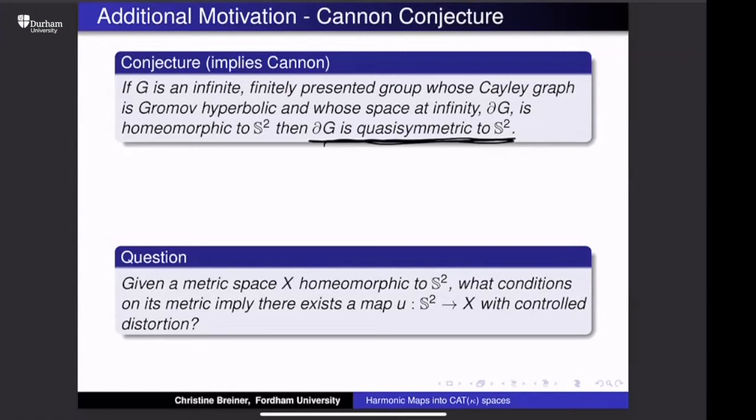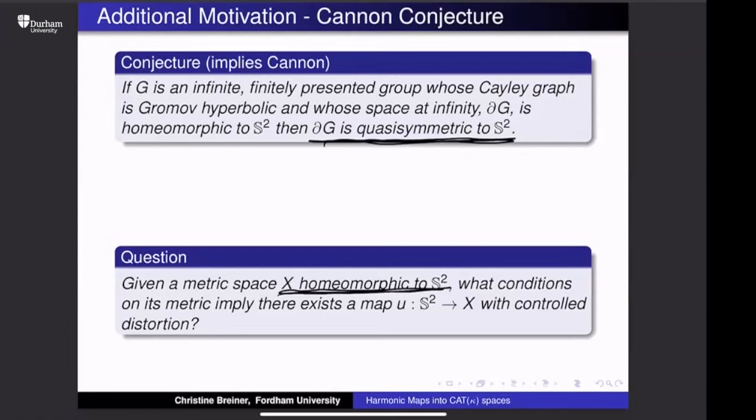But how can we frame it? The question then really is, if you had a metric space that was homeomorphic to S2, it seems completely out of reach at this point to try and show that metric space is quasi-symmetric to S2 or quasi-conformal or anything. So what conditions right now can we put on that metric so that we get a map with controlled distortion?